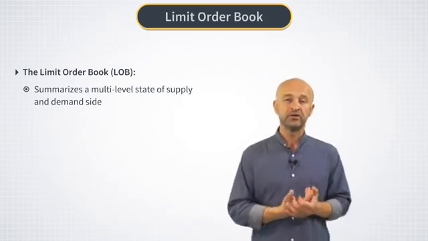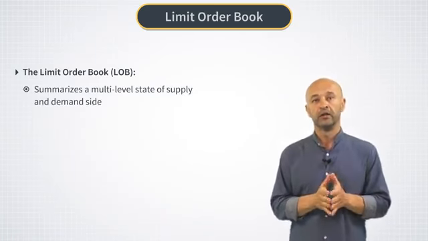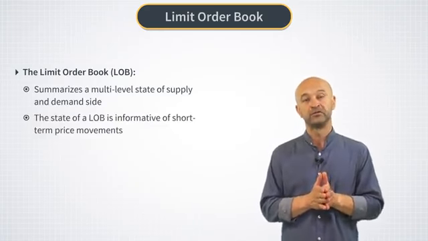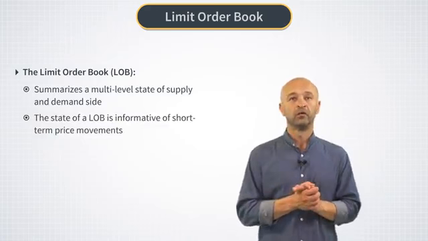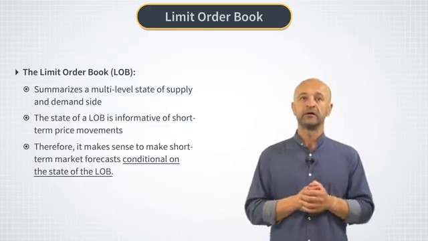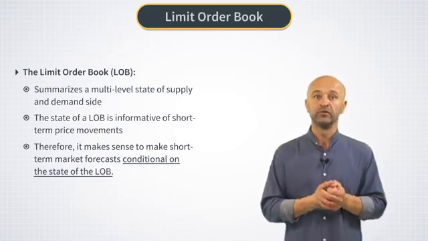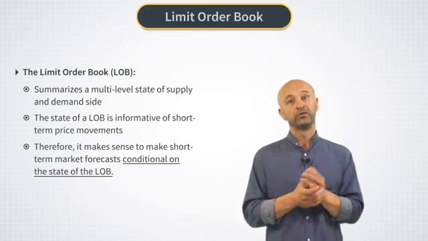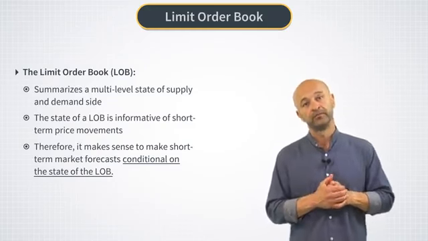And there is substantial empirical research that shows that the state of the LOB is very informative of a short time future. And this means that the short time price movements are quite predictable if we condition our predictions on the state of the LOB.